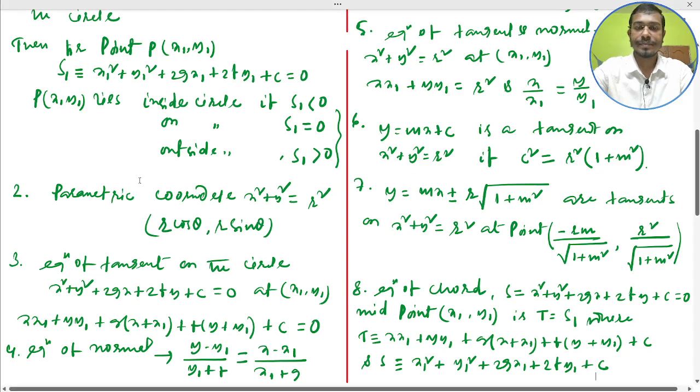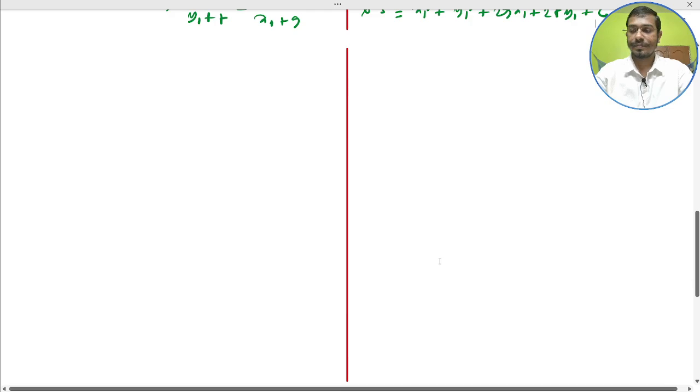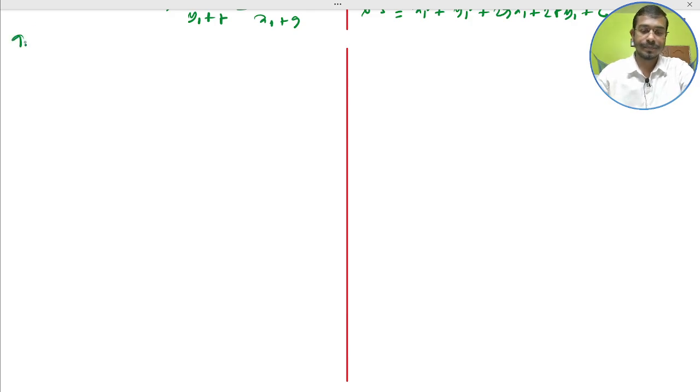Next, number 9. Length of the tangent drawn from a point outside the circle. This is another important statement.